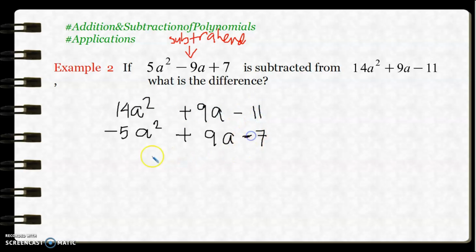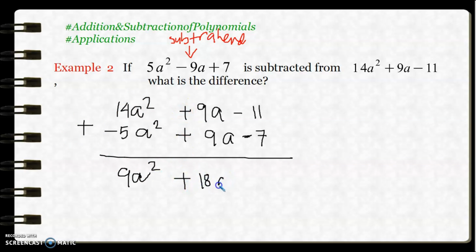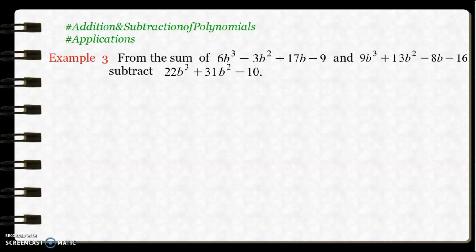So I have over equals. 14 minus 5 is 9. 9 and 9 is 18. And negative 11 and negative 7 is negative 18. And there you have the final answer: 9a squared plus 18a minus 18.